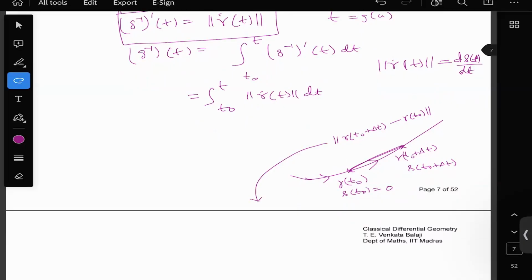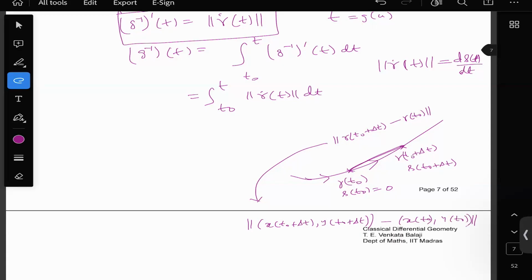So if you write it in terms of components, what is this? Let us write it out. You see gamma t has two components, x of t, y of t. So you write it in that and use the distance formula. So what you will get is, this is norm of the vector x of t naught plus delta t, y of t naught plus delta t minus x of t naught, y of t naught.